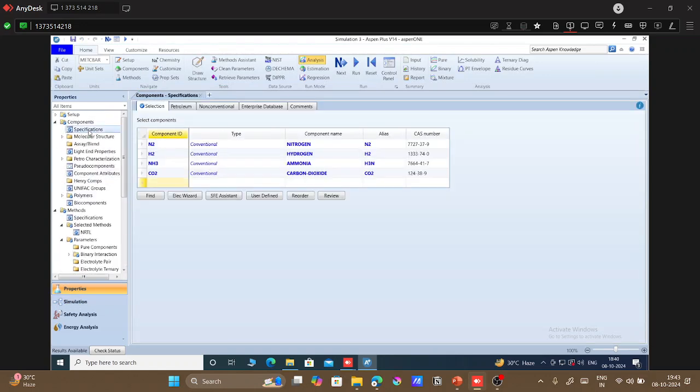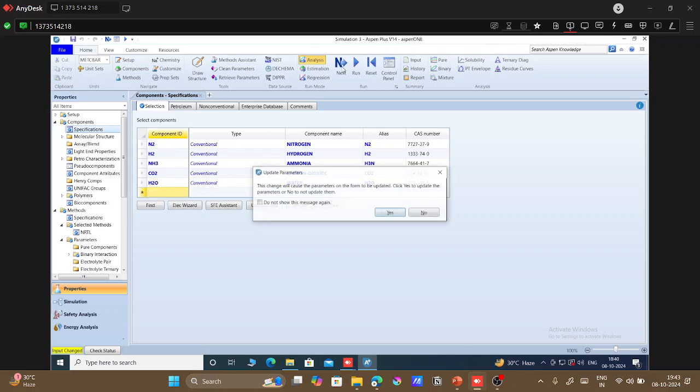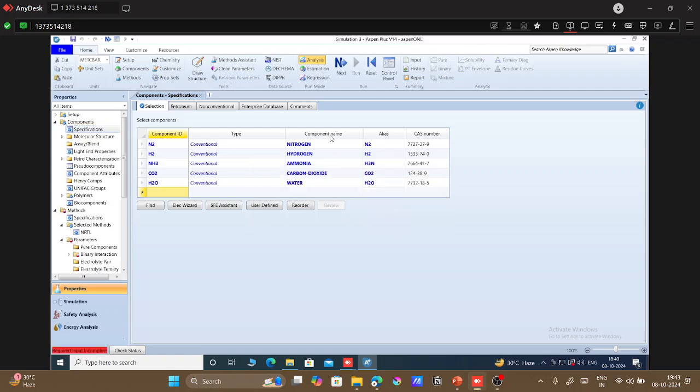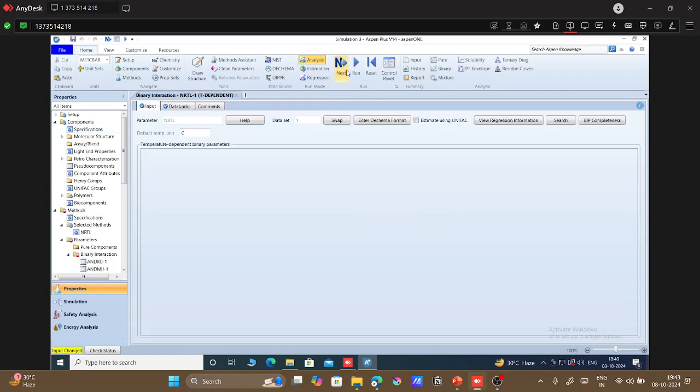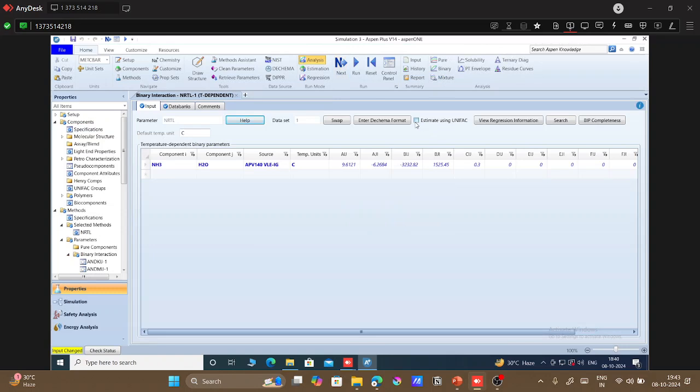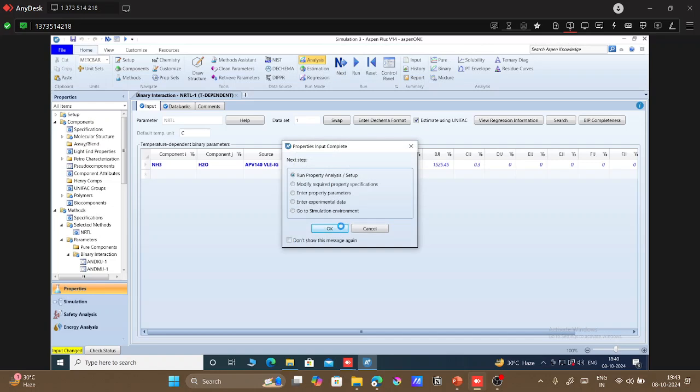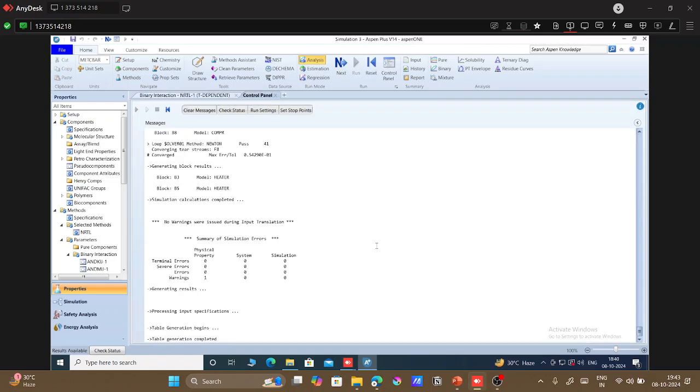Go to specification, add water as another component, and run the property analysis again. Since it's water, it will look for the binary data also, but we don't have to worry about it. It won't affect our main simulation.